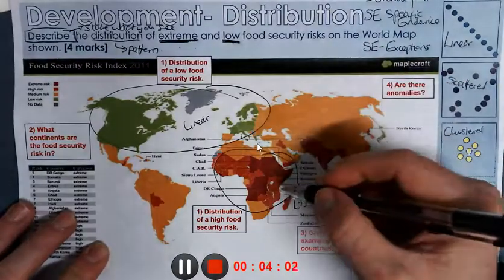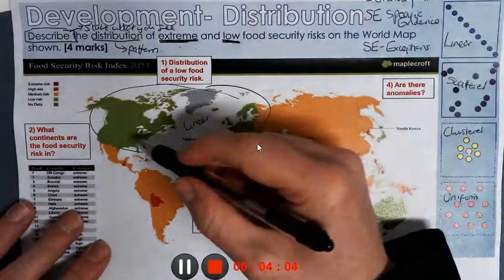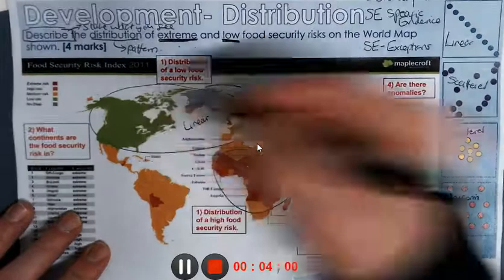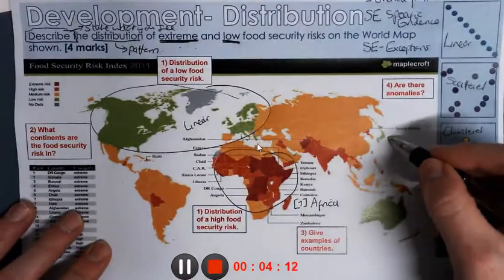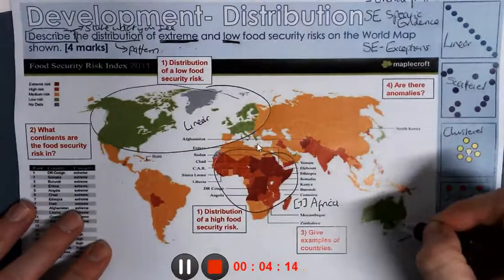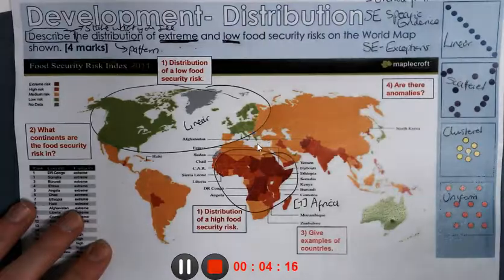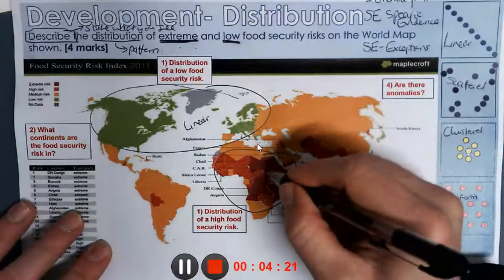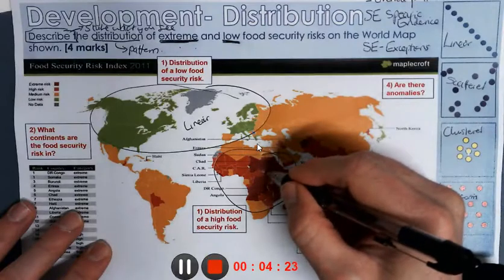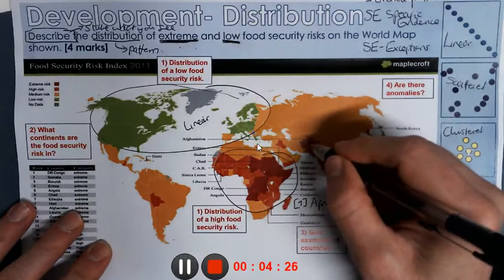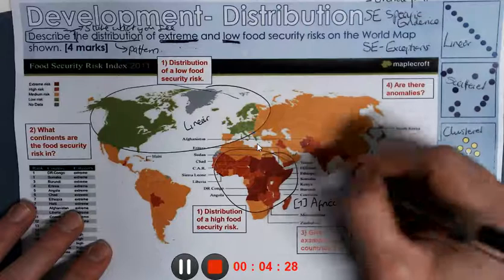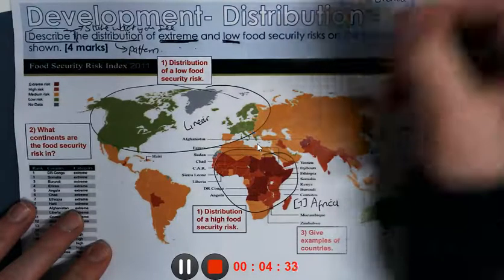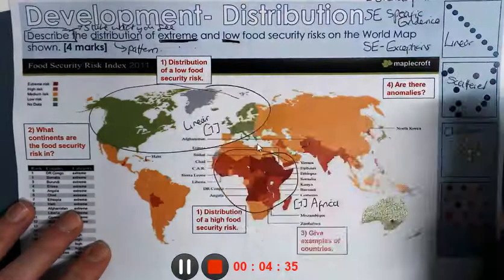If you want to be more universal with that, you could talk about how many continents show low risk. So you've got 1, 2, 3, 4. For low risk, if you're talking about extreme risk, you've got 1, which is the major pattern that's clustered, and you've also got a country here within Asia. So that would be 1 mark for each for your general comment.